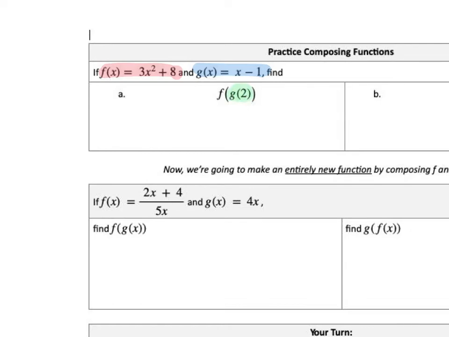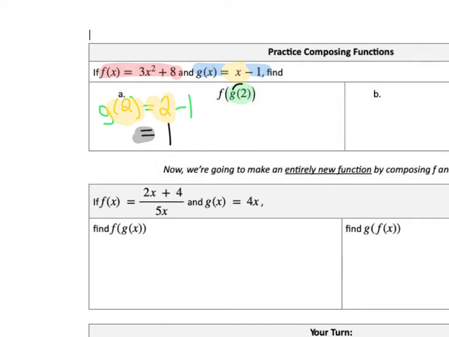So I'm going to start with g of 2. g of x is x minus 1, so g of 2 would just be 2 minus 1, because anywhere that I see an x up here, I'm going to take it out and put a 2 in its place. And so I would get g of 2 equals 2 minus 1, which is 1.